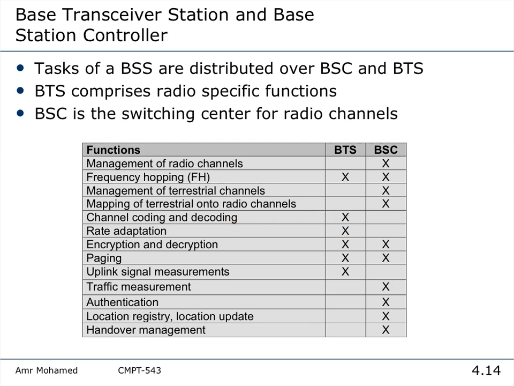Also rate adaptation: by assigning multiple channels to the same MS, I'm increasing the rate for a particular MS and reducing the rate for another MS. That rate adaptation is also done by the base station. With encryption and decryption, all security functionality is done at all levels: the base station controller, and also the operational subsystem, as we will see later.